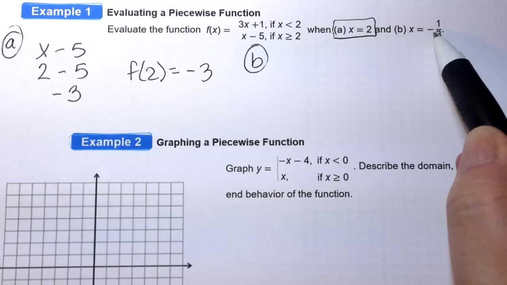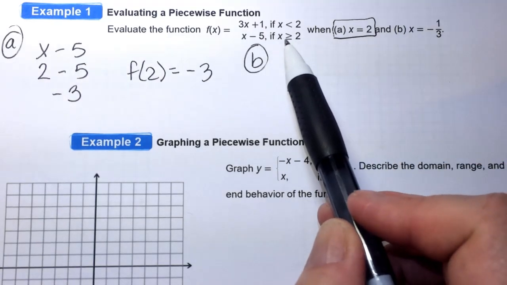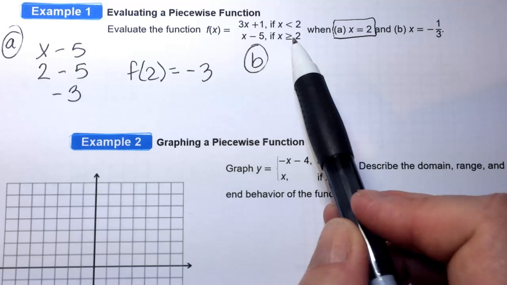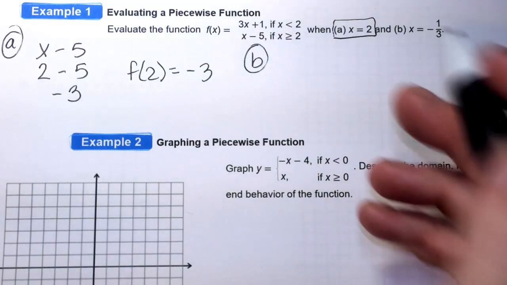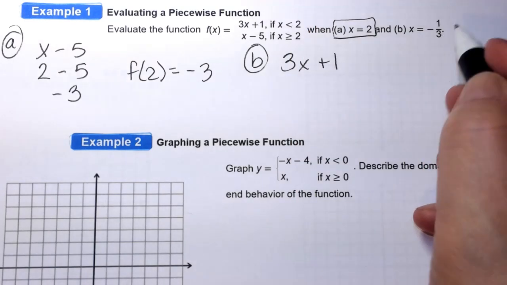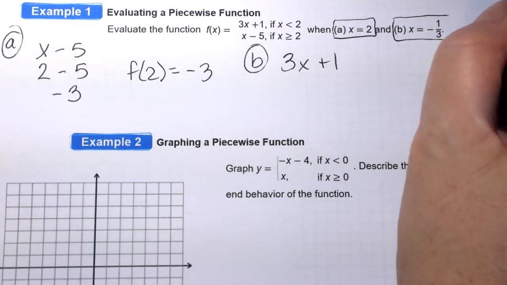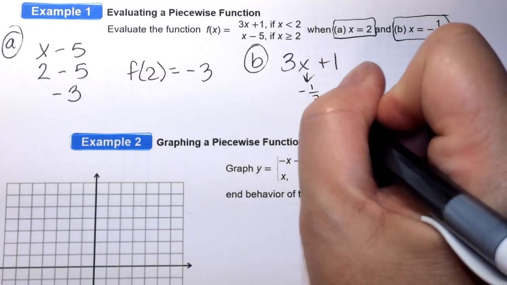So part B, when x is negative 1/3, which category does that fall into? Well, we know negative numbers aren't going to be greater than or equal to 2, so it has to go into this one. So we're going to take that function, 3x plus 1, and we're going to substitute in negative 1/3 for x. So in the x spot, we're going to put in negative 1/3.